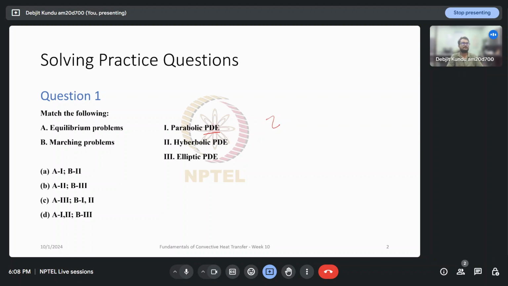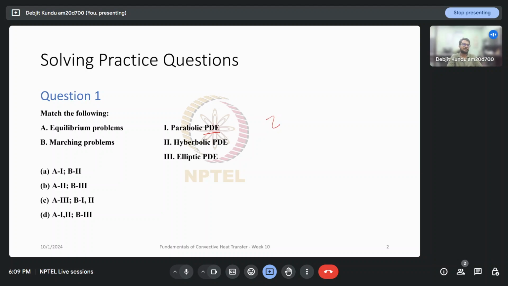Here we have two columns, the type of physical problems and the types of partial differential equations. You have to match the two columns, and one item can correspond to more than one item. The combinations are available in the options below.